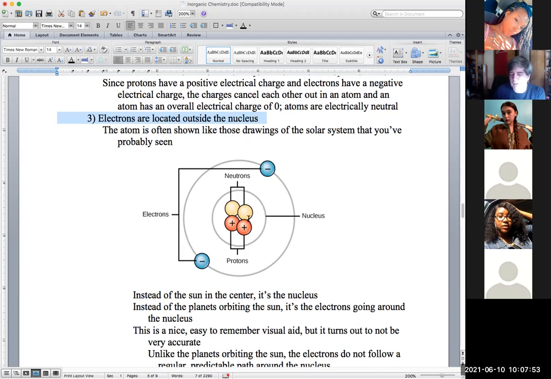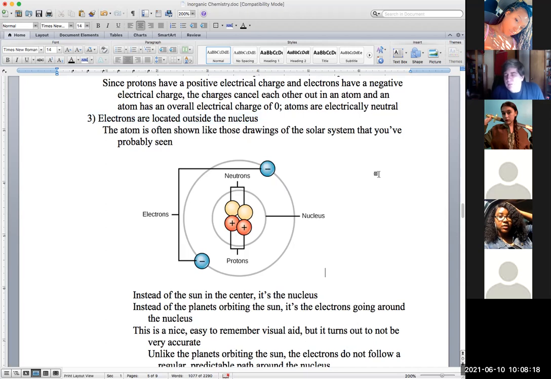The most common form of helium also has 2 neutrons. So the 2 positive charges in the protons exactly cancel out the 2 negative charges in the electrons. The neutrons don't affect things one way or the other. So when we think about this, this means that our atom is electrically neutral.